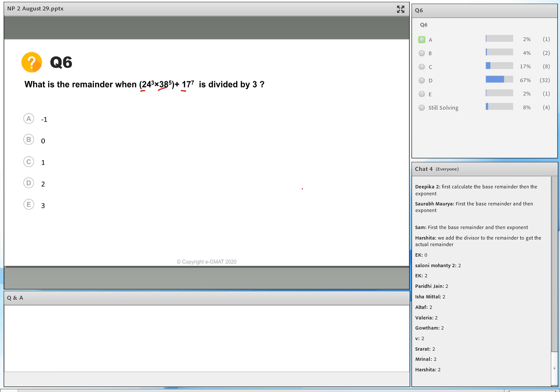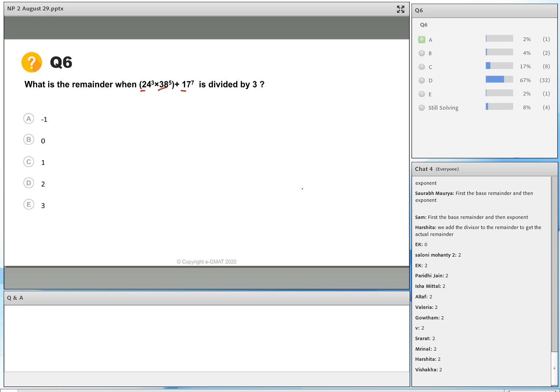Sequence 2, right? Absolutely correct. Perfect. We would be using sequence 2 to solve this question. Now, how do you apply sequence 2 over here?